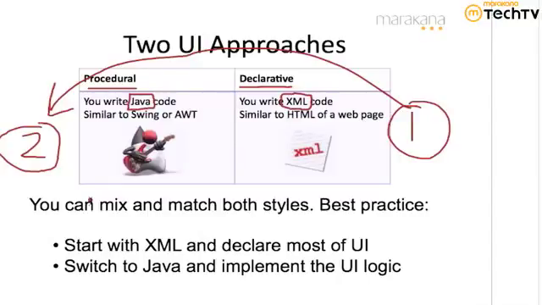Let me explain that another way. XML is really good for describing what a widget looks like. Take a button, for example. XML is a great tool to describe what the button is going to look like, what its content is going to be, the color, the size, the roundness, whatever it is.